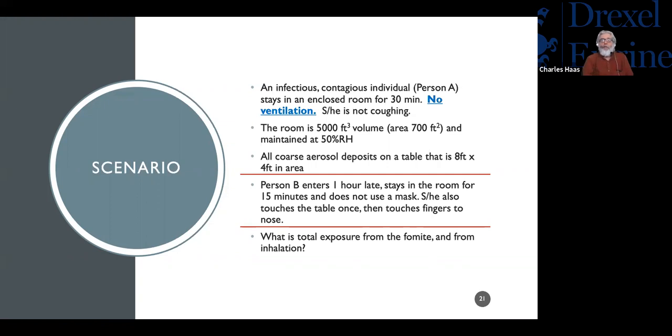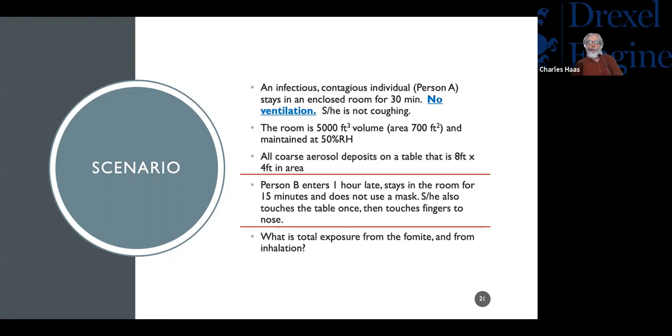So let's say we have a scenario in which an infectious, contagious individual, let's call them person A, is in an enclosed room for 30 minutes. There's no ventilation, and the person is not coughing. I'll come back to this issue of ventilation at the end.